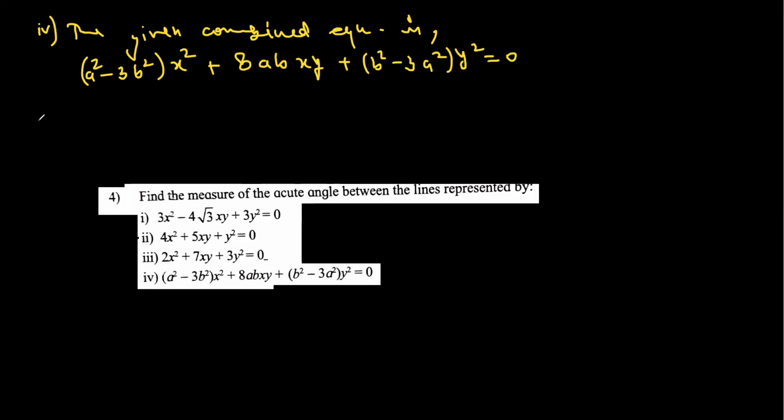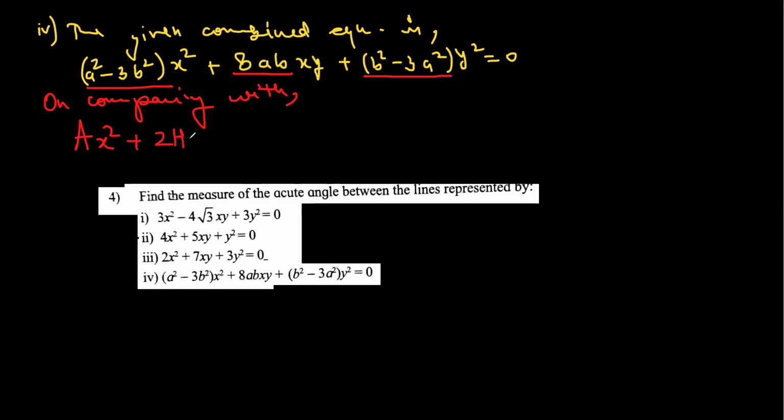On comparing with the standard homogeneous equation of second degree in x and y, because this is also a second degree homogeneous equation in x and y, that is, on comparing with ax square plus 2hxy plus by square equal to 0.